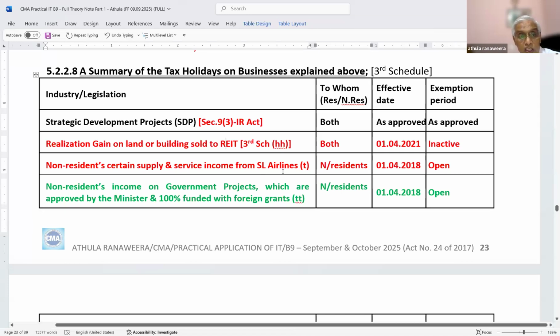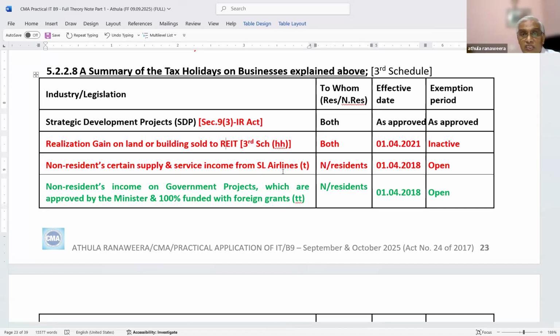Next, non-residents' income on government projects, not for us. Non-residents' income on government projects which are approved by the minister and 100% funded with foreign grants. Now, this is also another area where our politicians manipulated.